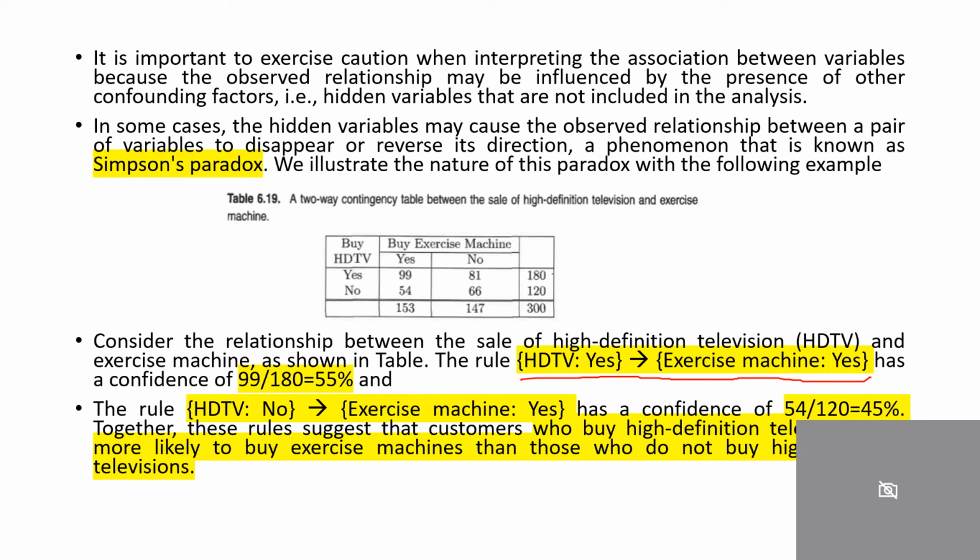The confidence of this rule is calculated as the support count of how many have bought both the HDTV and the exercise machine, divided by the number of persons who have purchased the HDTV.